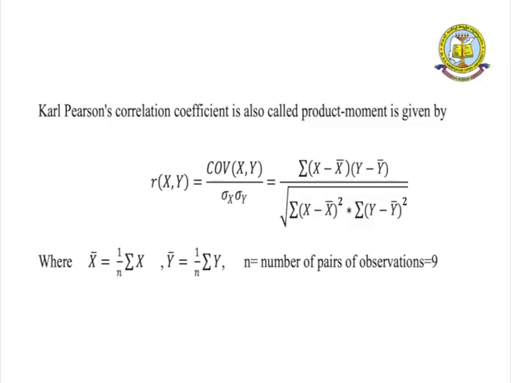Now, which method can we apply? You already know the Karl Pearson coefficient method here. Before that, I find the x bar value, the mean: 1 by n summation x. Here n is equal to the number of pairs of observations. How many pairs of observations are available in your question? 9 observations. Now I can go for the table format.